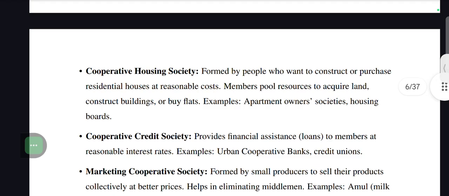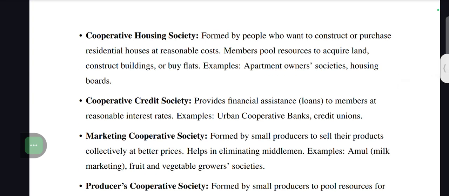First, cooperative housing society is formed by people who want to construct or purchase a residential house at reasonable cost. Cooperative credit society provides financial assistance, like loans to members at a reasonable interest rate, like urban cooperative banks and credit unions.